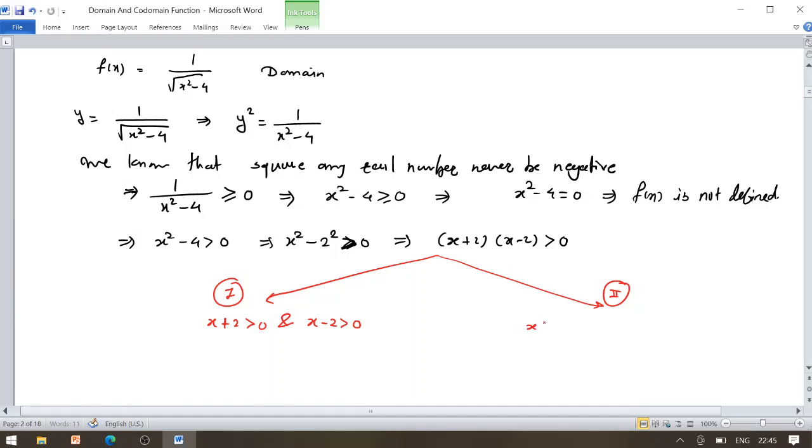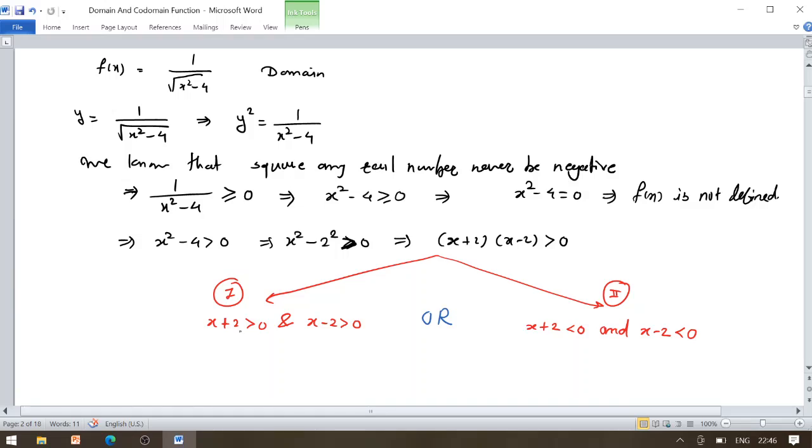So the second case is x plus 2 strictly less than 0 and x minus 2 strictly less than 0. Any one case should be satisfied, and then we can find the values of x, meaning the domain of the given function. So either the first case or the second case.